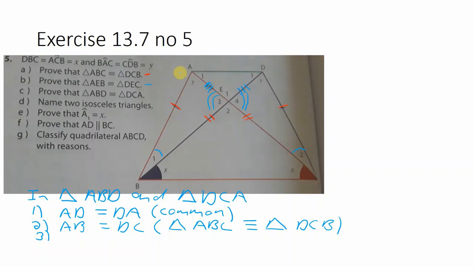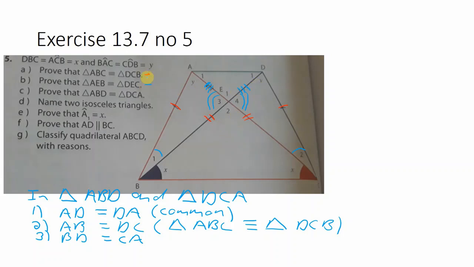So AC equals DB, or you could also say BD equals CA.